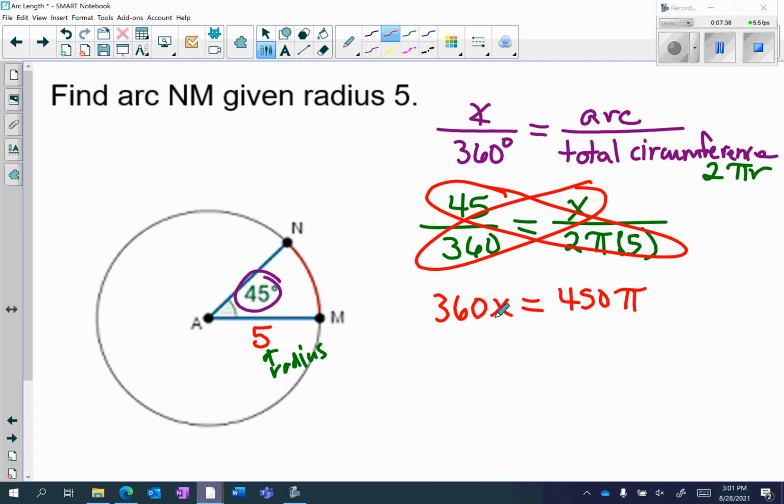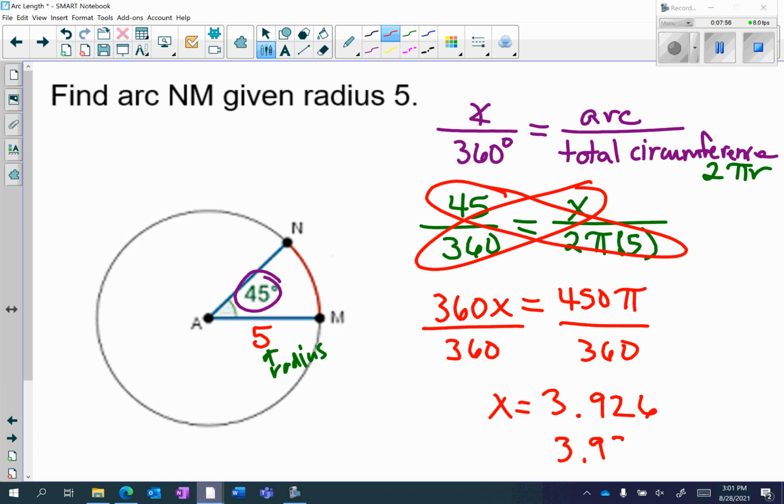And again, because I'm solving for x, I want to then divide by 360 on both sides. Put that in the calculator, and you're going to approximately get 3.926. And we'll say that's 3.93. We'll round to the nearest hundredth. And that's how you find the arc length. Again, always set up a proportion. Angle over 360 is equal to arc over total circumference.